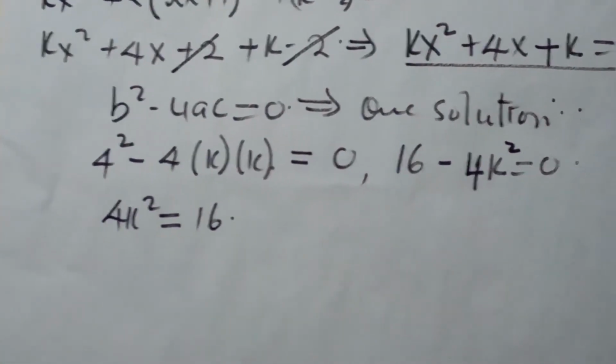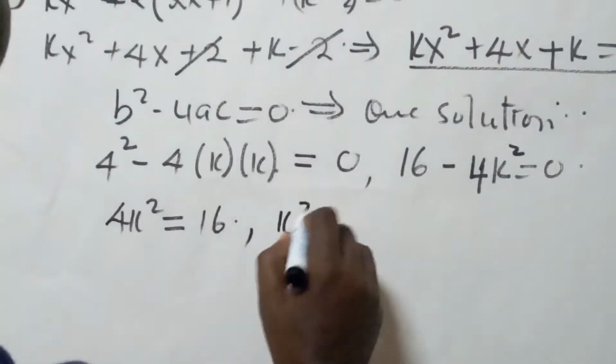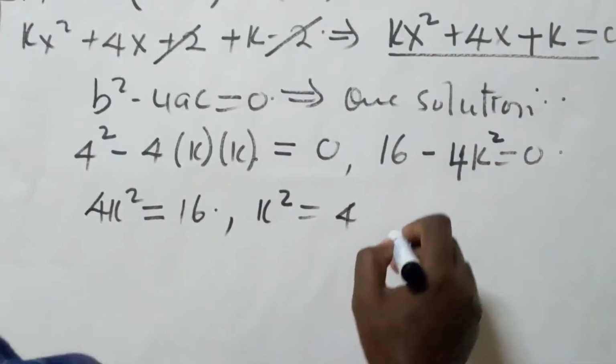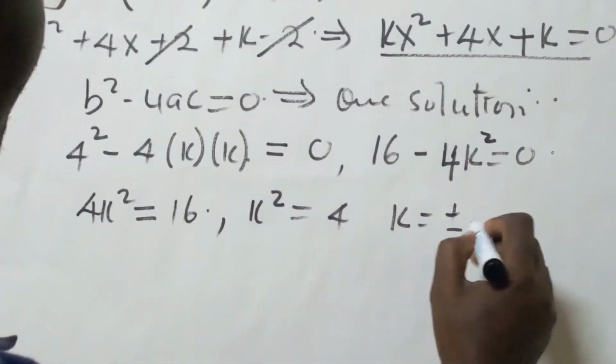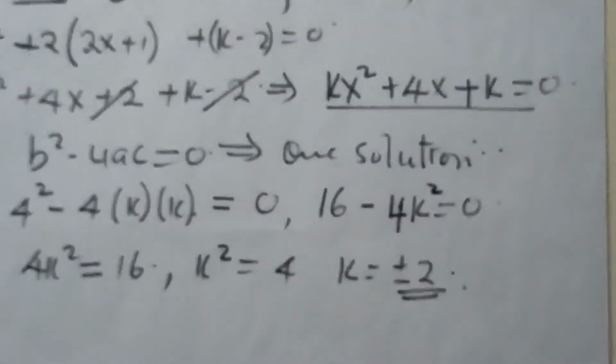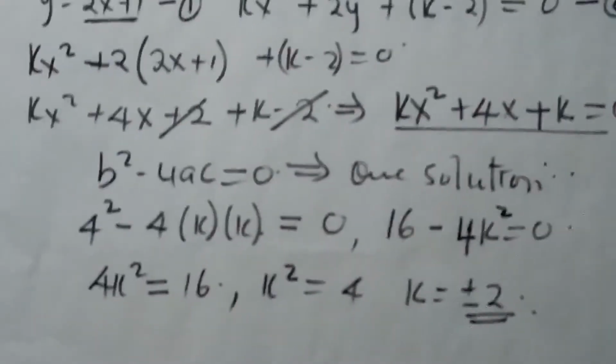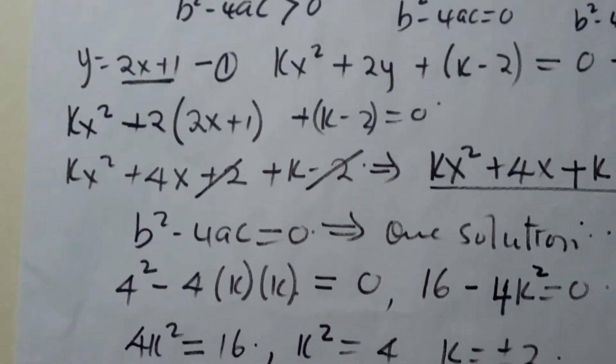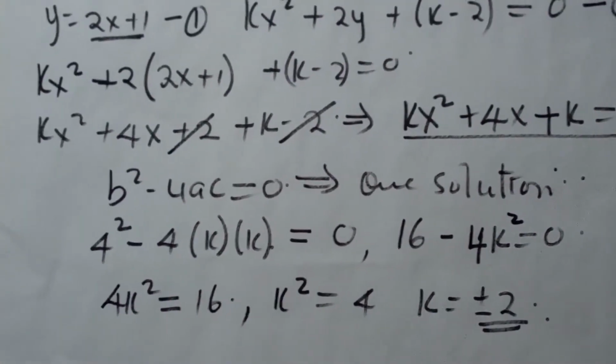Divide by 4 both sides, we have k squared equals 4, and k is plus or minus 2.